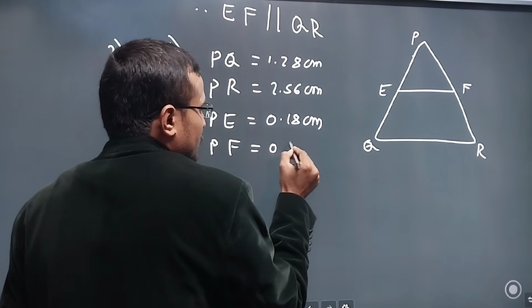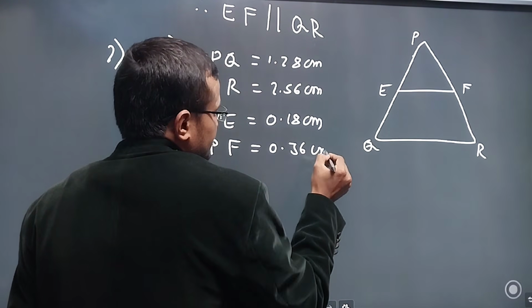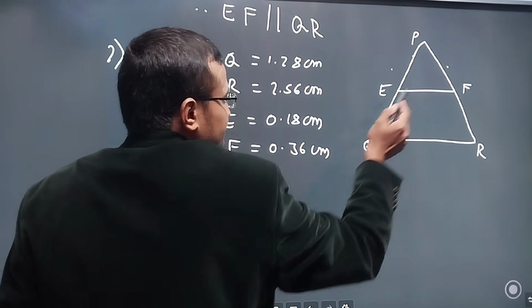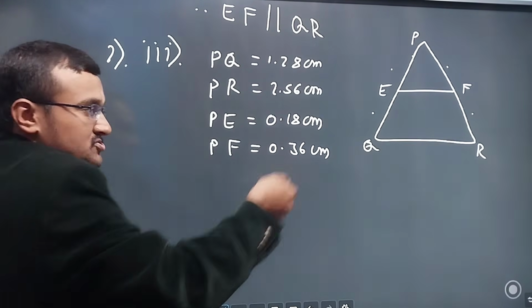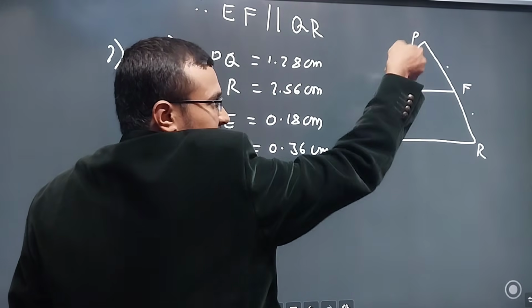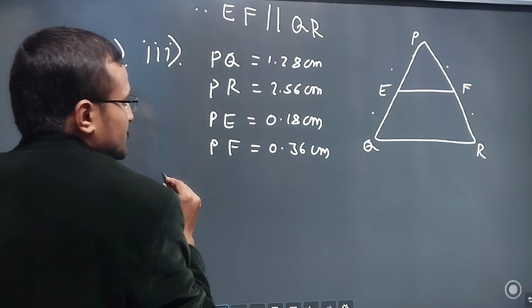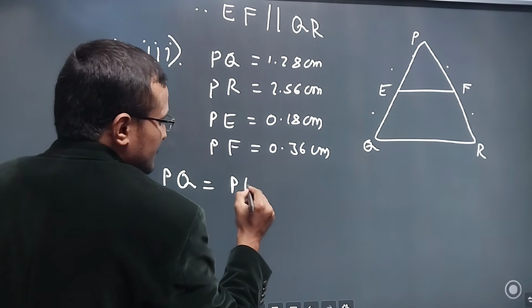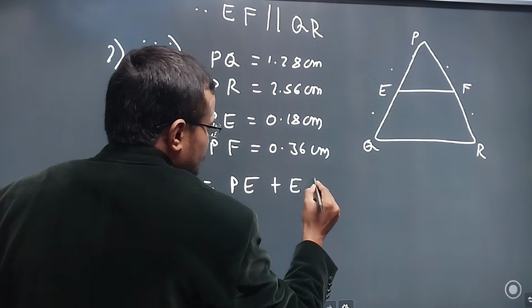So PF is 0.36 centimeter. Now we have to find out, they have given PE and PF, we need to find out EQ and FR. In PQ, if you subtract PE, you will get EQ. So PQ is equal to PE plus EQ.